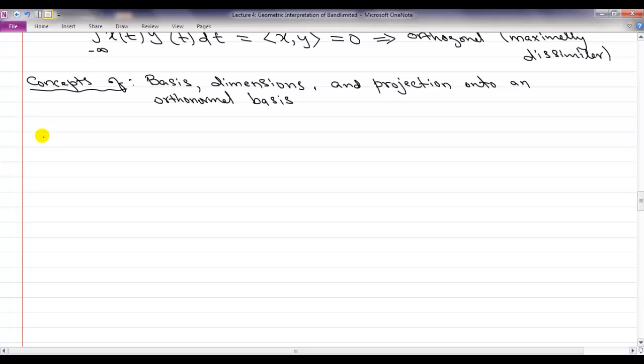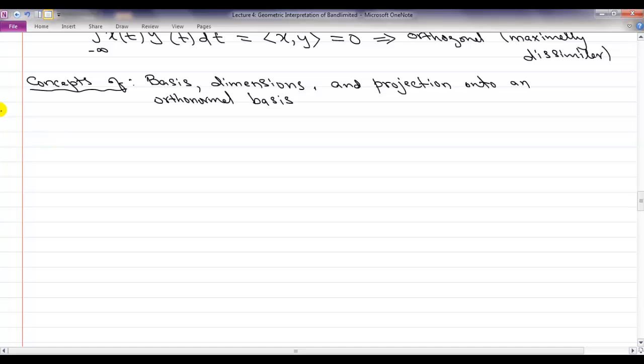All of you have seen in your linear algebra similar notions for vectors in Rn. We are going to generalize them to the notion of vector spaces without too much rigor. The rigor that is going to be lacking here is due to the fact that we might be dealing with an infinite amount of signals or vectors, and that makes things a little tricky, because we have to talk about things like convergence, and I'm sure none of us are ready for that.